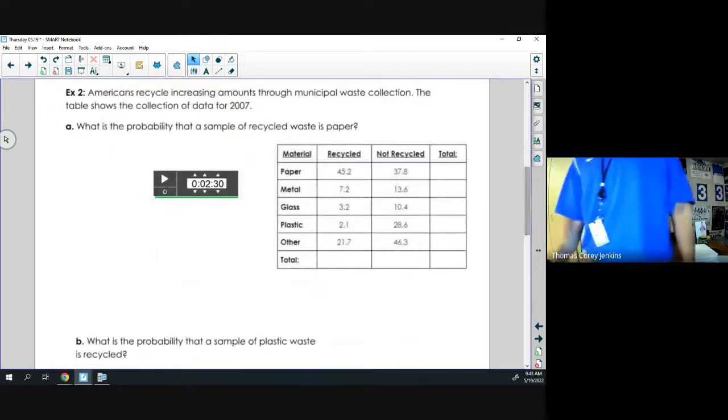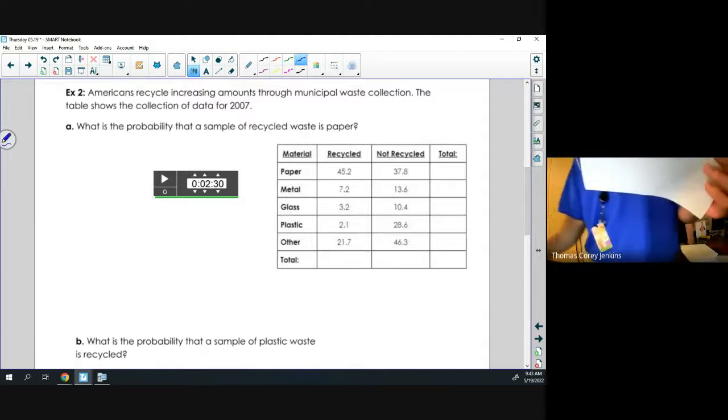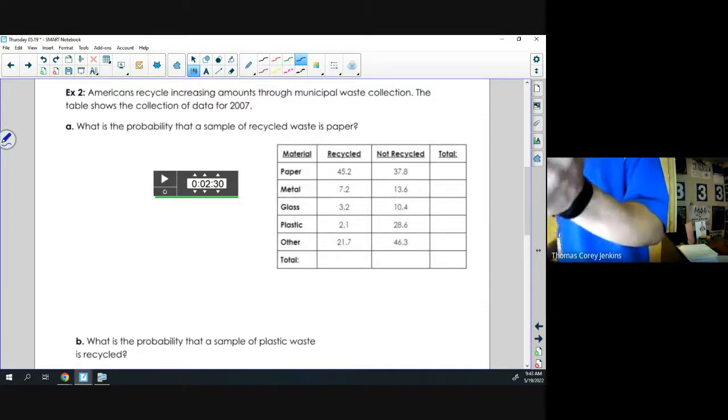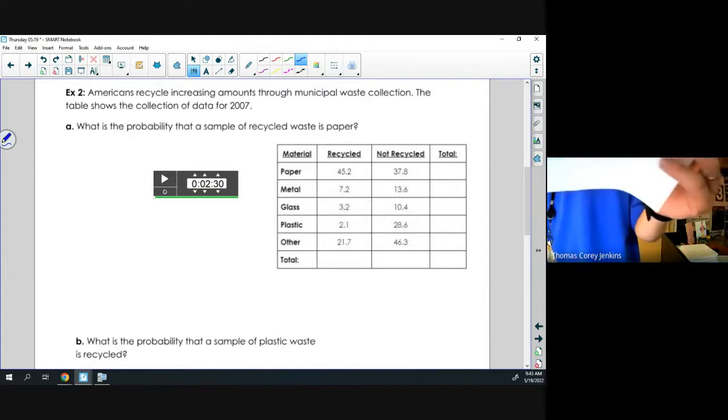Okay, so example 2 is going to be based on this table. We'll go ahead and total them out so you can focus more on how to set them up and where to go from there. If you want to just copy this down, our paper total is 83. Our metal total is 20.8.